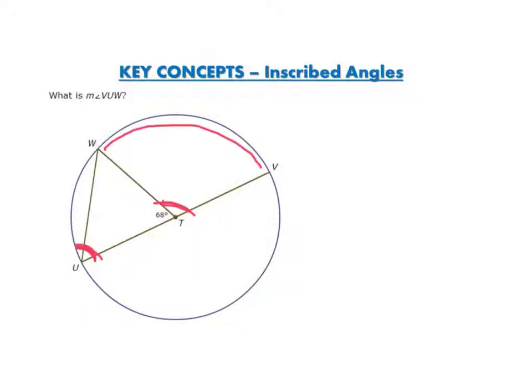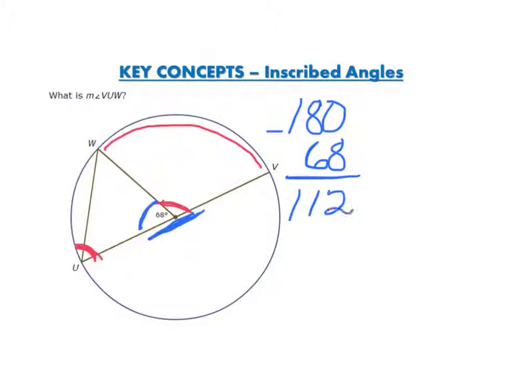To find the measure of my central angle or my intercepted arc, I notice that I have a straight line. These two angles add up to 180. So I have to take 180 minus the 68 degrees. That gives me 112.